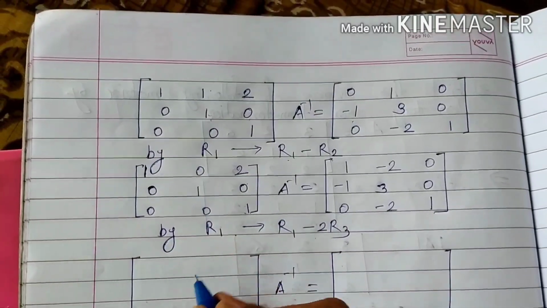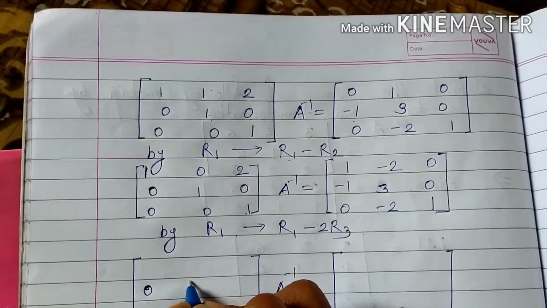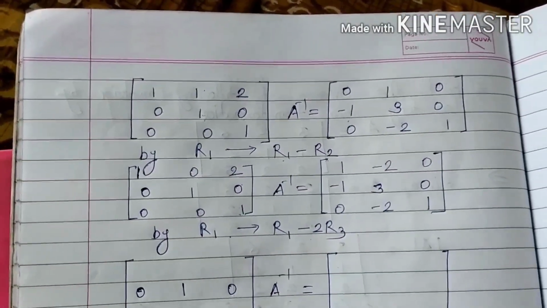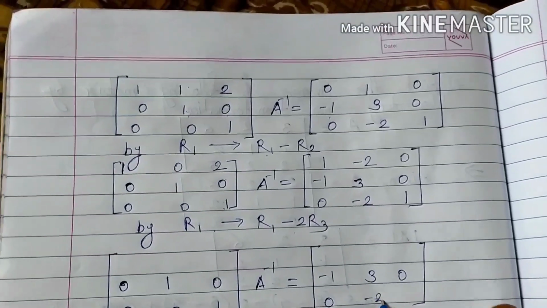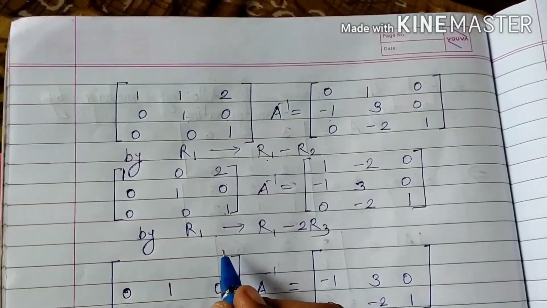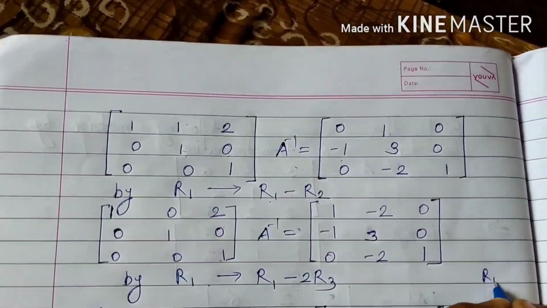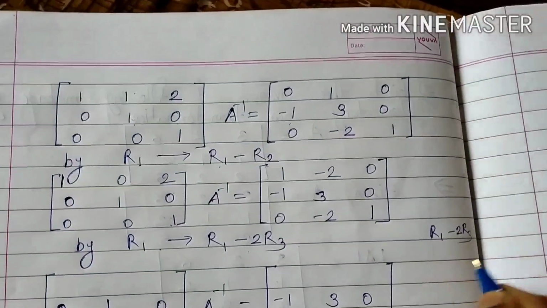So only R1 is changed, write R2 and R3 as it is. Now take R1 minus 2R3. It is rough work.